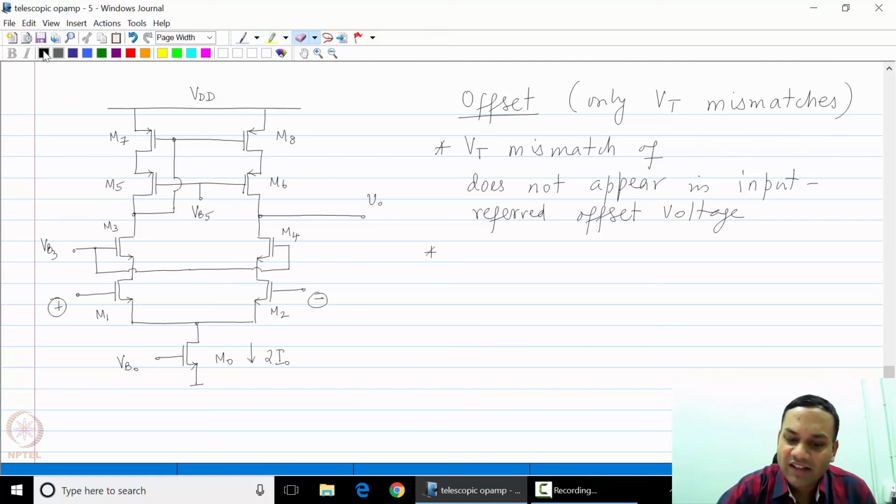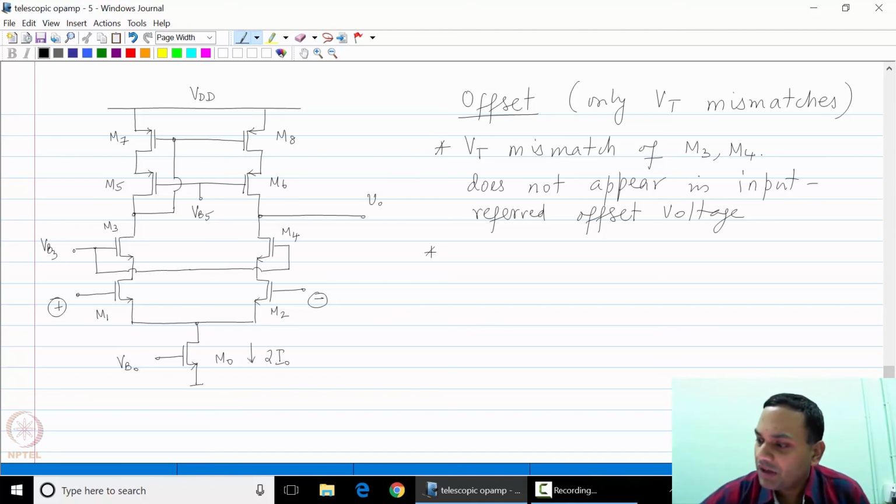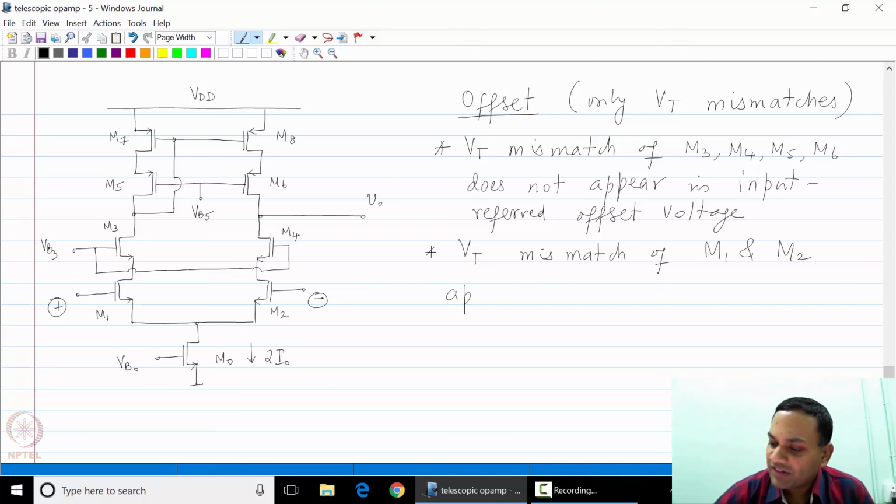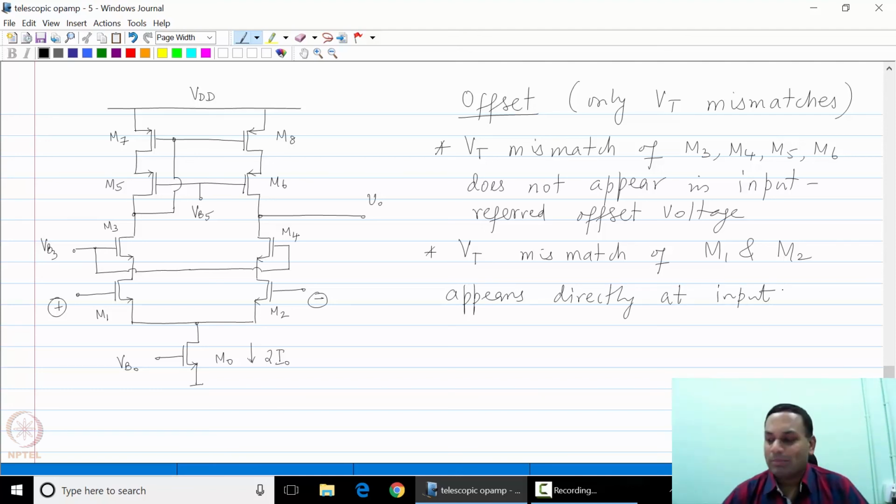So we will say that M3, M4, M5 and M6 are similar to that for noise. Now what about VT mismatch of M1 and M2? It turns out that VT mismatch of M1 and M2 appears directly at the input of the op-amp.